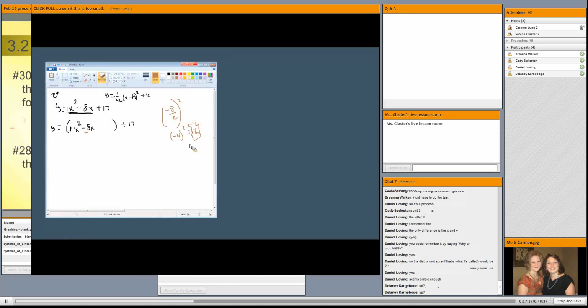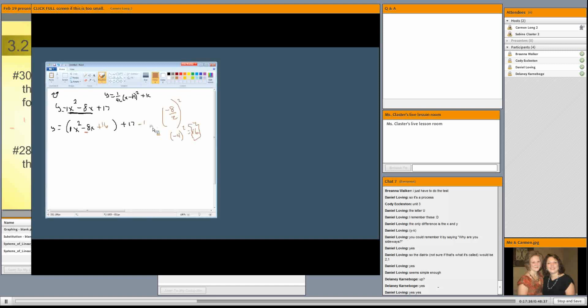Do y'all remember completing the square from before in your math life, hopefully? Even if you don't love it, by the time you get done with this unit, you will be a great completer of the square person because you have to do it all the time. All right, so that special number you found, we're going to add it here, but we can't just add something to an equation. So out here, we're going to take it away.